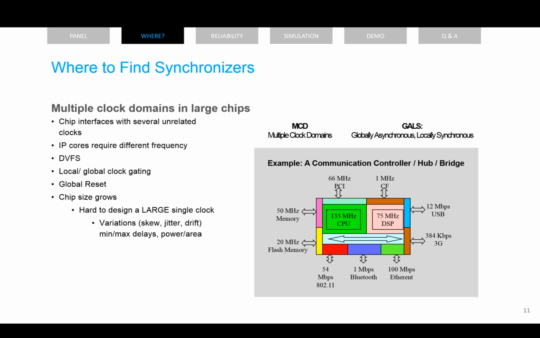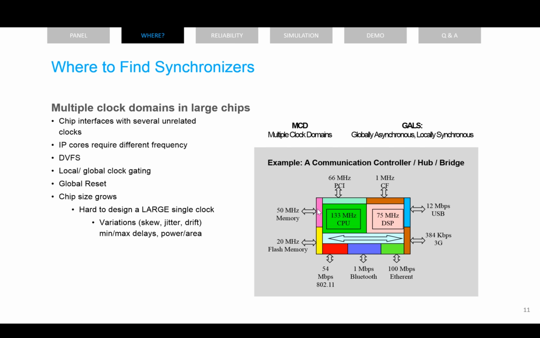And the number of synchronizers increases with the technology node, because today in different integrated circuits you will find more islands of different frequency clock domains, and the communications between them also increase.